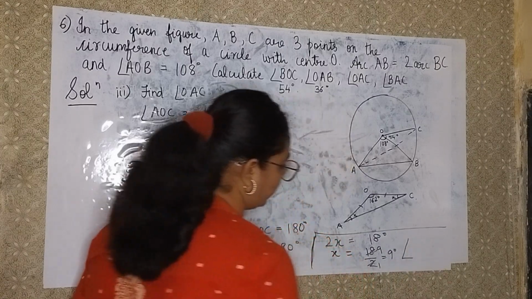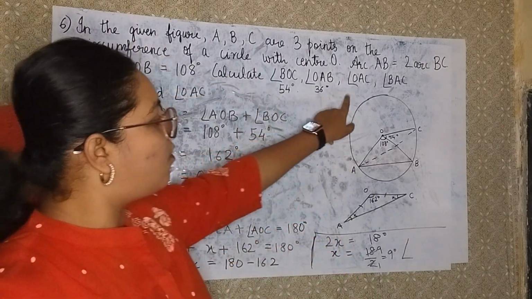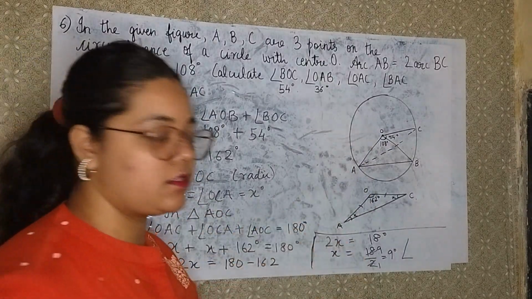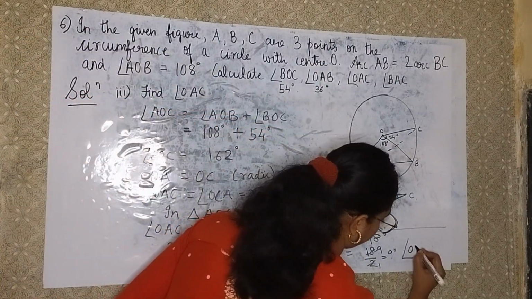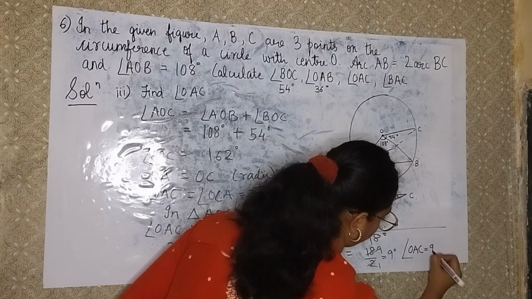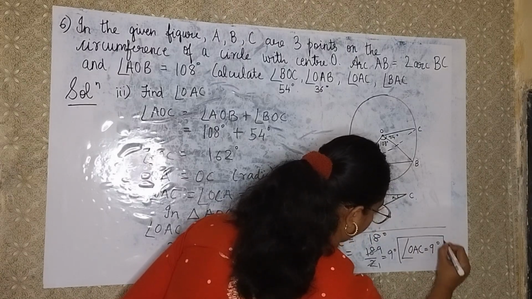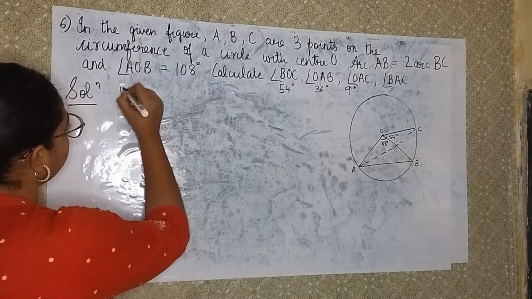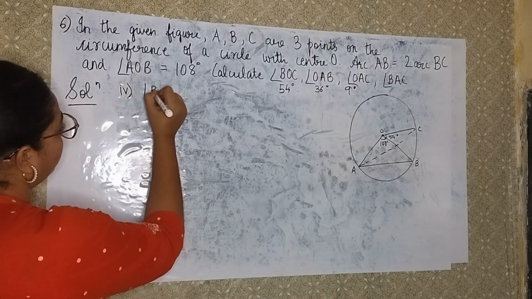That is angle OAC. Here OAC, that is X, is 9 degrees. This is the third part of the question. Now for BAC, that is the fourth part.